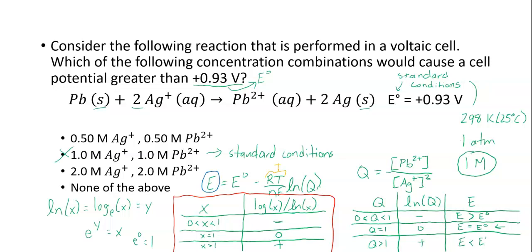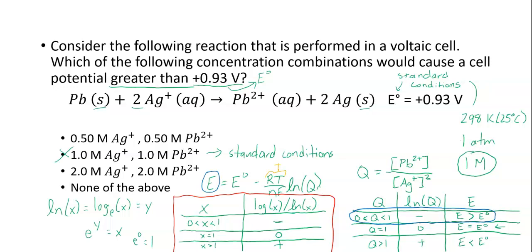Okay, so now we have to figure out if we want a cell potential greater than the standard cell potential, then we want Q to be less than 1. So the question is, is Q less than 1 in any of these cases?